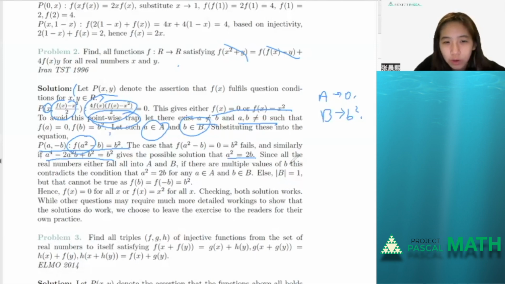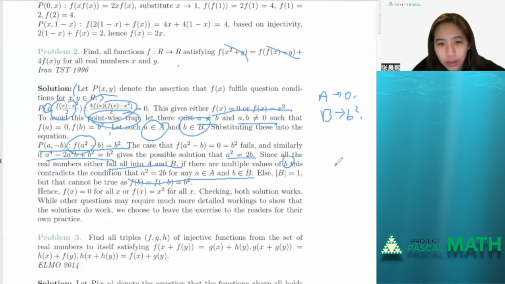So since all the real numbers either fall into A or fall into B, and if there are multiple values of b, then you can sort of imagine that this contradicts the case whereby a squared equals to 2b, because say if you have a equals to 4 and b equals to like 8.